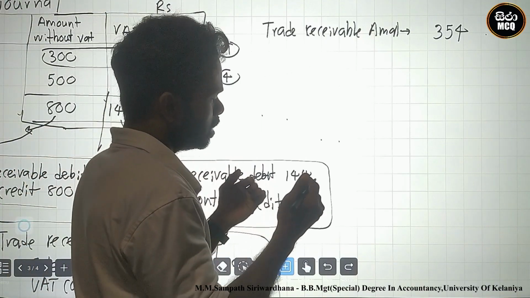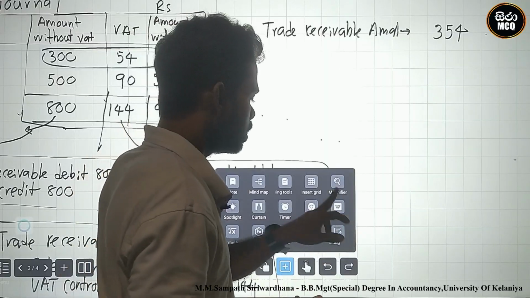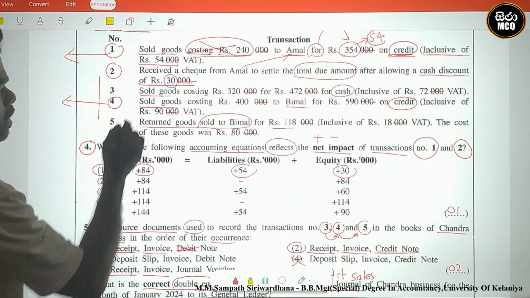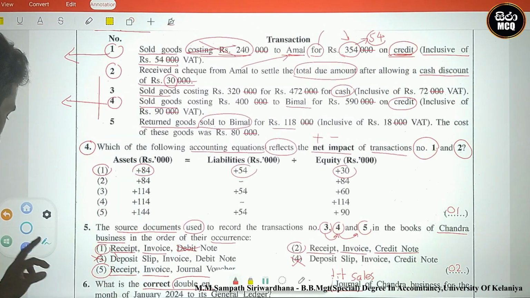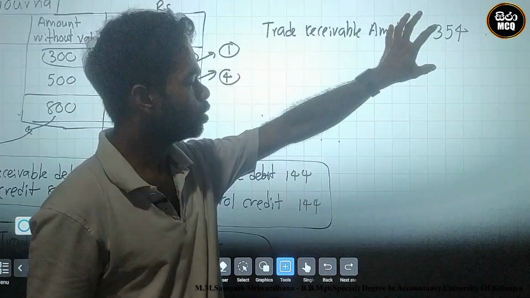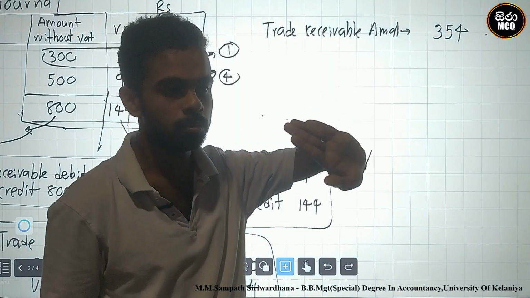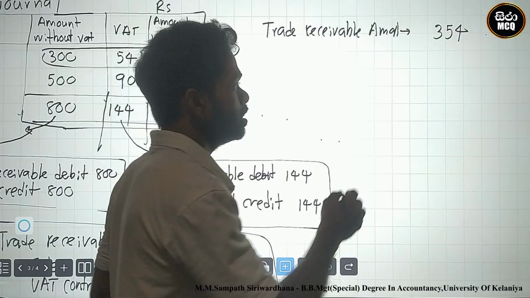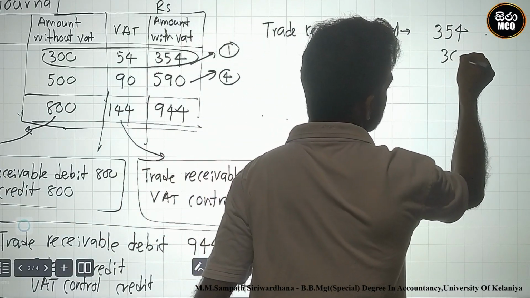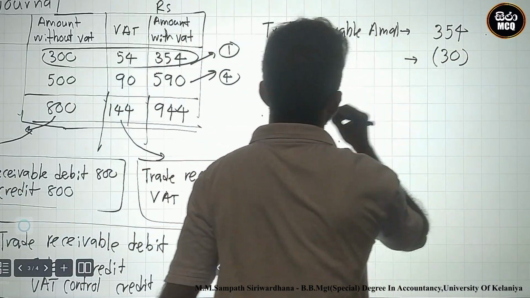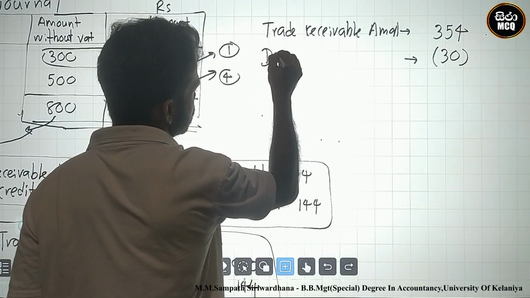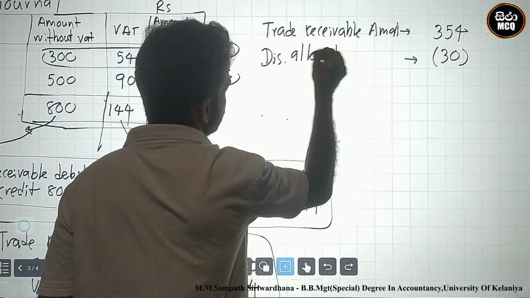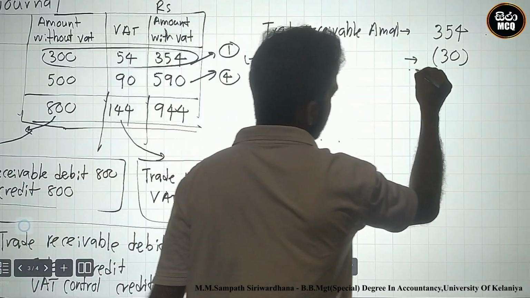At this time there is a discount allowed amount. What is the discount allowed amount? 30,000. This total amount must be settled by Amal. There is a discount allowed, which is a deduction.